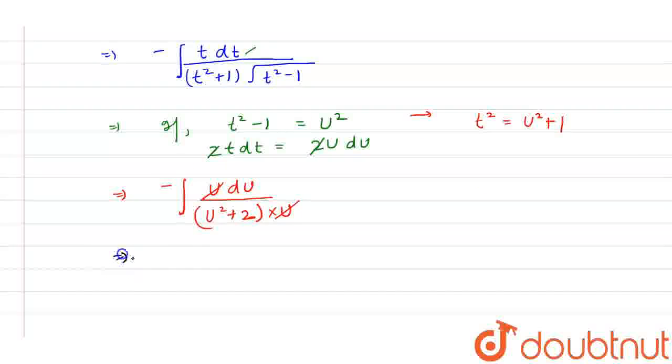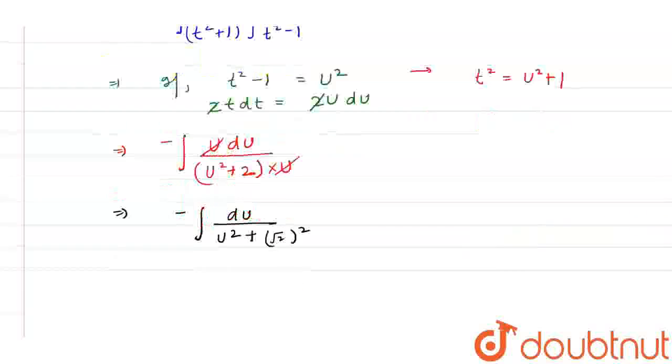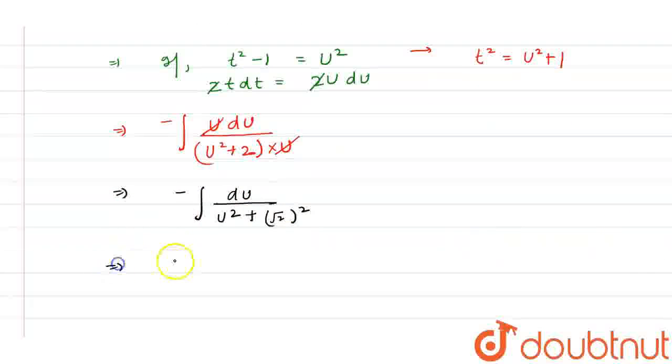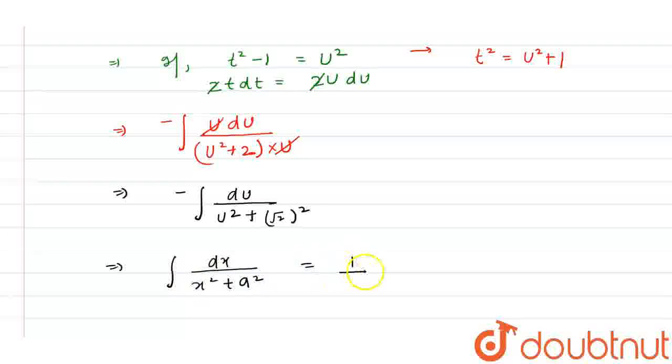In the next step this can be written as minus du upon u square plus this 2 can be written as root 2 whole square. Now this is same as integration of dx upon x square plus a square, which is equal to 1 upon a tan inverse x upon a plus c, where c is constant.